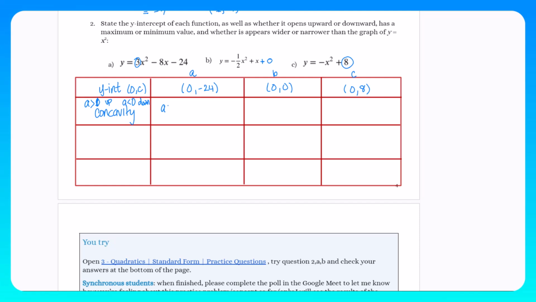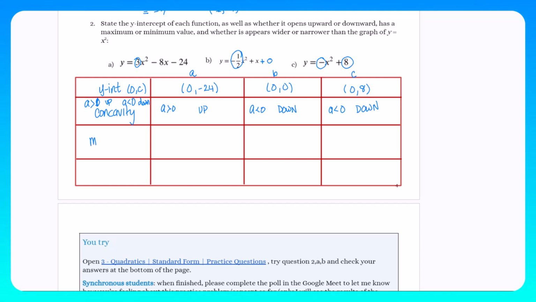Well, that's greater than 0, so it's up. For part B, well, that's a -1/2. A is less than 0, so it's down. What about for this one right here? If A is less than 0, again, it's down again because it's a -1.